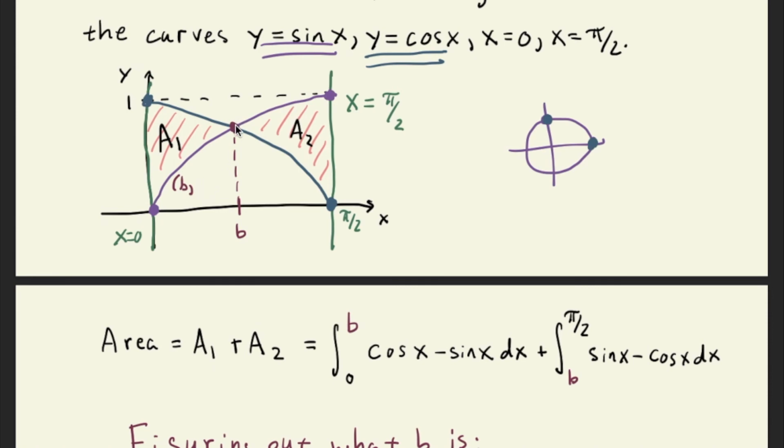What is the y-coordinate of this point? Well, this point is on this purple curve, given by the equation y equals sine of x. So all of the points on the purple curve need to satisfy this equation. The y-coordinate has to be sine of the x-coordinate, so it has to be true for this red point as well. So the y-coordinate is sine of the x-coordinate, which is b. Sine of b. This is because this red point is on the purple curve.